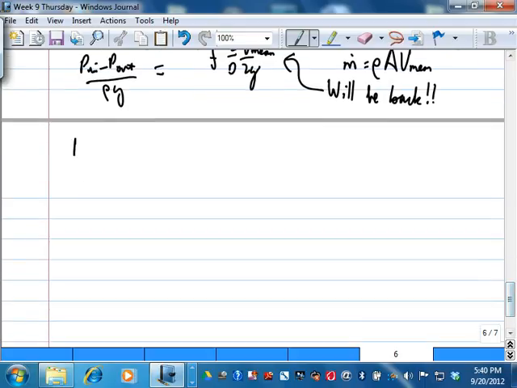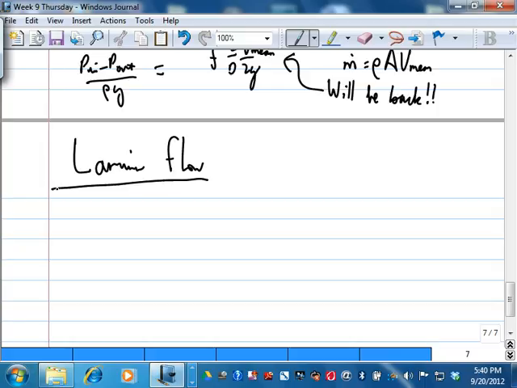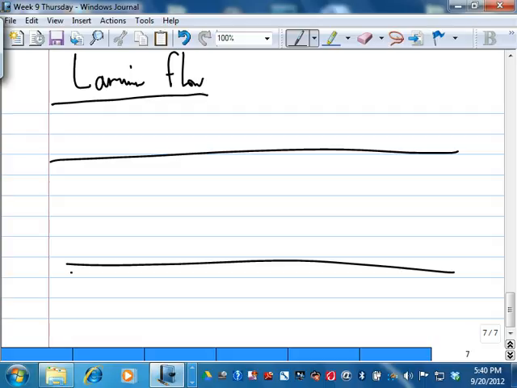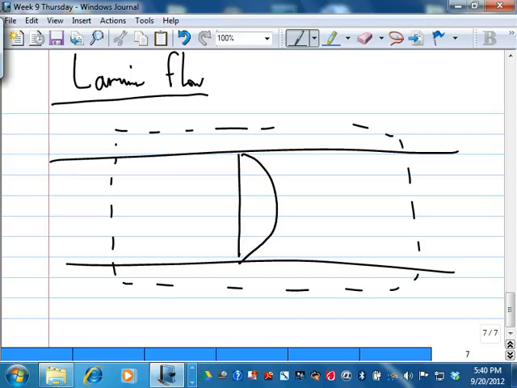For laminar flow, it has that velocity profile. If I drew a control volume, this is the center line. I drew another control volume, say in green.